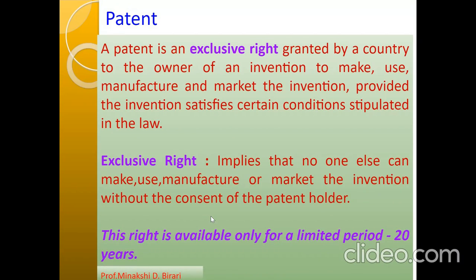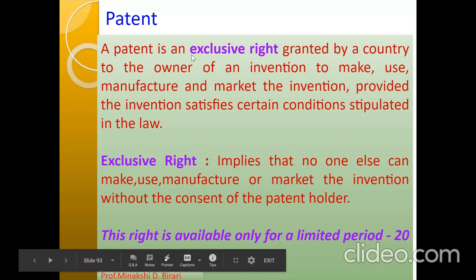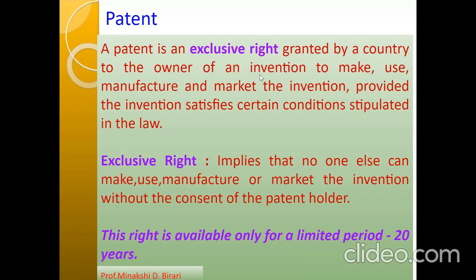This right is available only for a limited period, that is for about 20 years. So we should remember the definition of patent. Simply it is nothing but an exclusive right granted by a country to the owner of an invention to make, use and manufacture and market the invention, provided the invention satisfies certain conditions stipulated in the law.